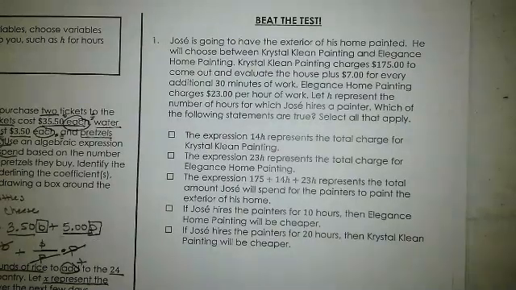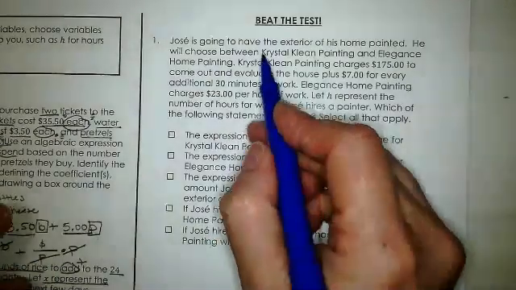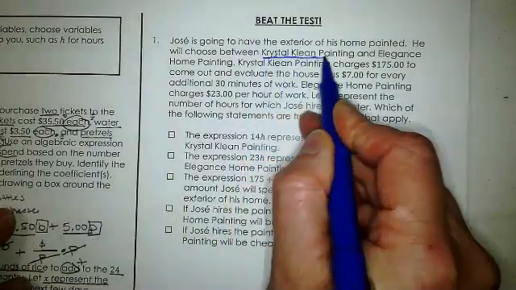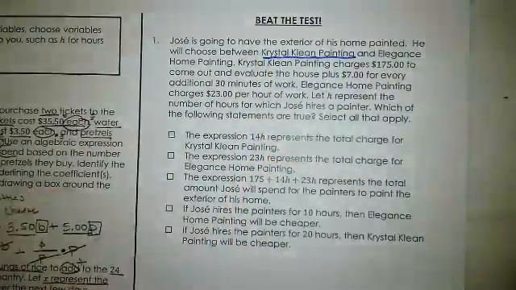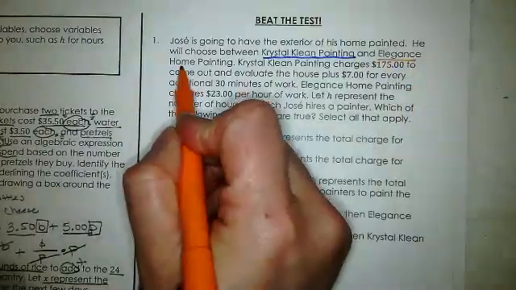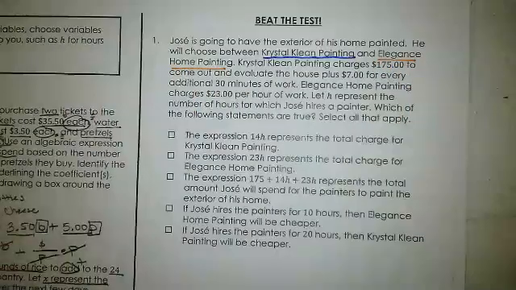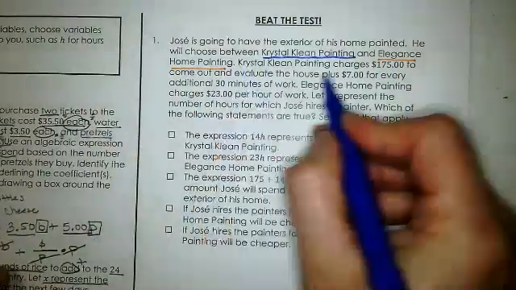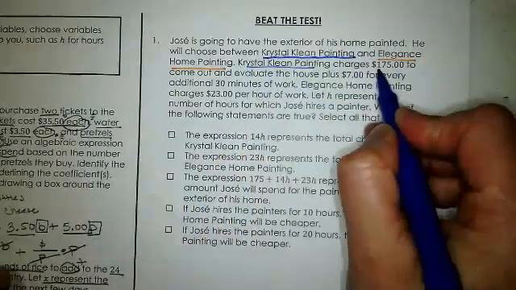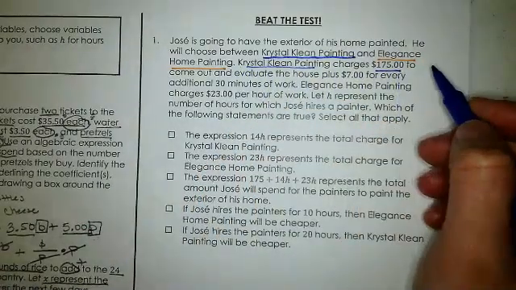Select all that apply. Okay, it looks like we got two places happening again, so we're going to go back to our colors. Crystal Clean Painting will be blue, and Elegance Home Painting will be orange. So Crystal Clean charges $175 to come out and evaluate the house.